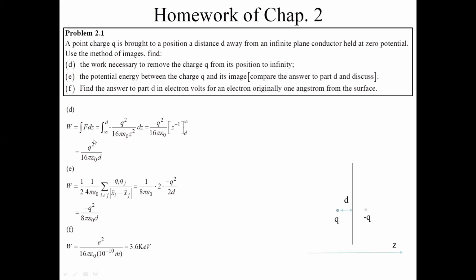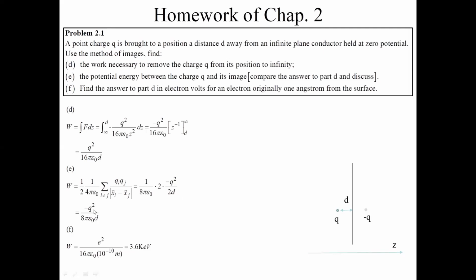Okay, for problem E, we calculate the potential energy between charge Q and its image charge. Then we just calculate it and get the result, this term. Okay, very easy. Then we will find that the work necessary to remove the charge Q from this position to infinity is not equal to the potential energy between charge Q and its image charge.